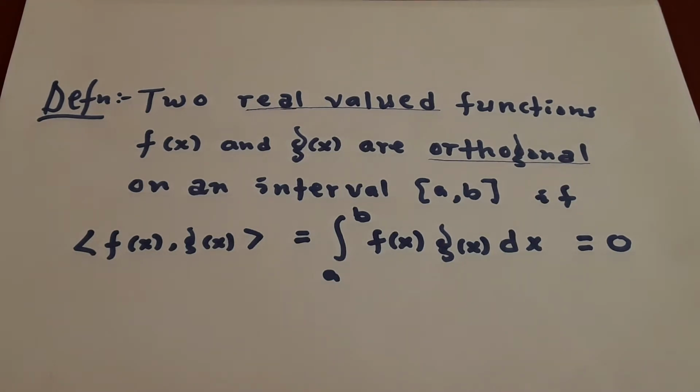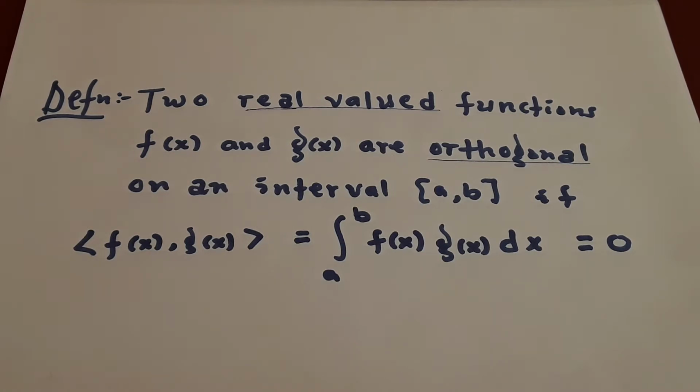Most of you are more familiar with the orthogonality of vectors, so this terminology is supposed to be analogous to the case of ordinary vectors, with the inner or dot product that we have customarily been familiar with.